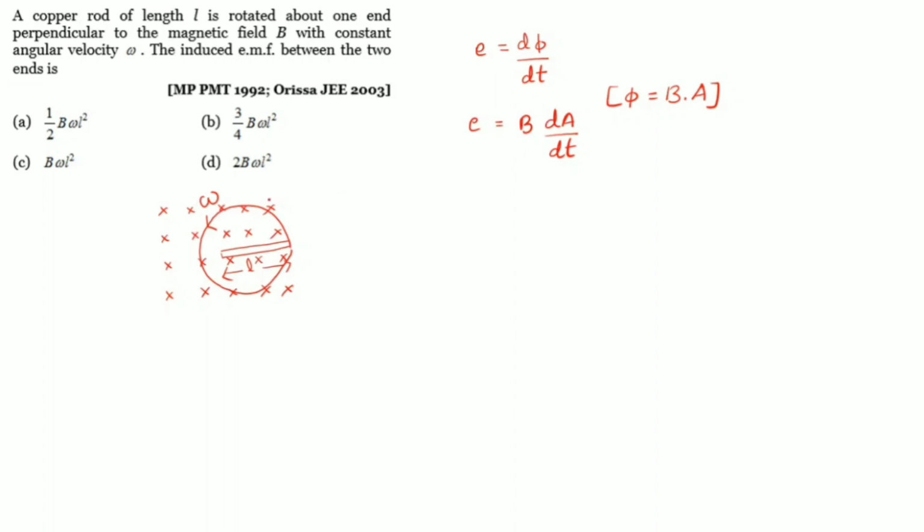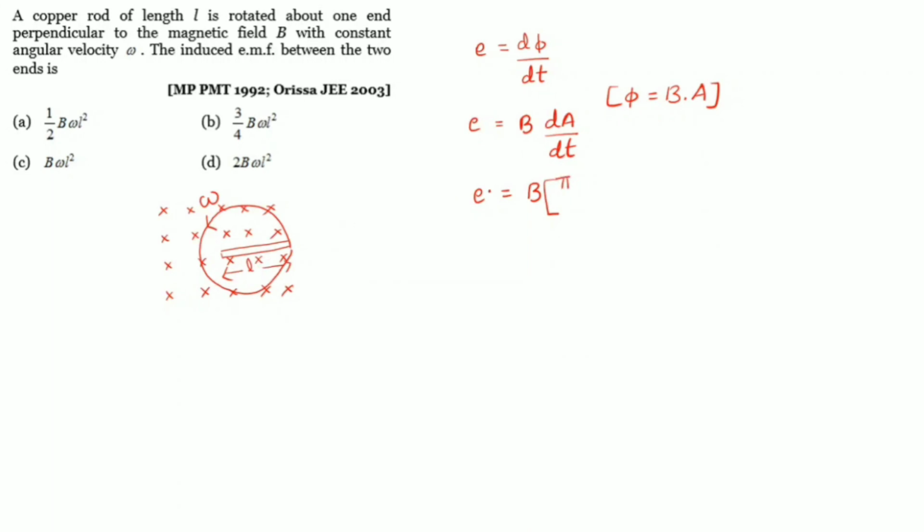This magnetic field is constant. Or we can write it as E equals B into, in place of dA, the area of this circle, because only one end of the copper rod is moving perpendicular to the uniform magnetic field. So it completes one circle. We can consider area of circle. So area of circle is pi r square.